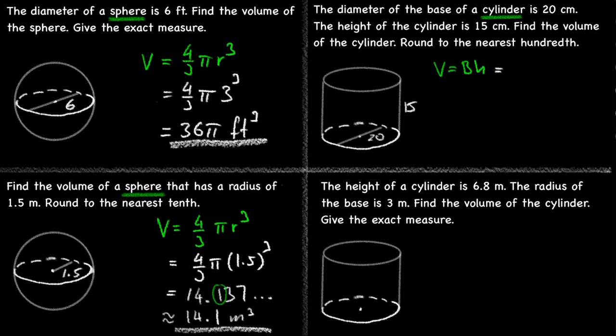The base of the cylinder is the area of a circle. So we can write pi r squared times h. The radius is half of the diameter. So 20 divided by 2 is 10. And the height is 15.